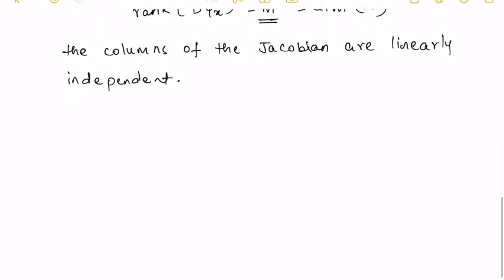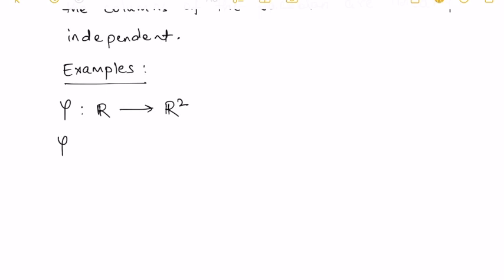Now let's look at some examples of this. Okay, examples. Let's say we have a mapping function psi which goes from R to R2, right? So from one dimension to two dimensions. And this function psi is defined as x comma x squared, right?